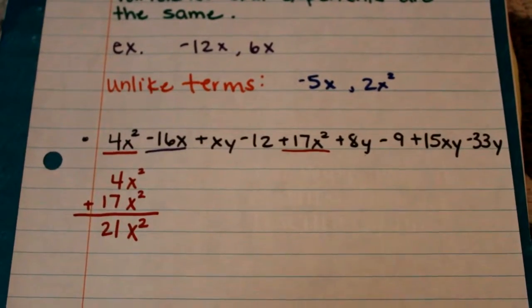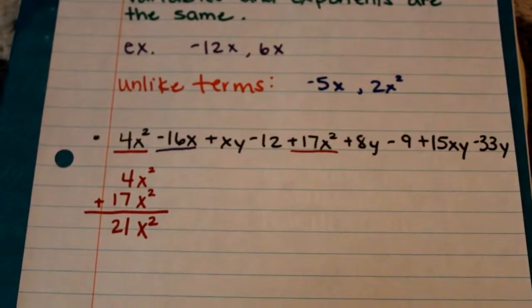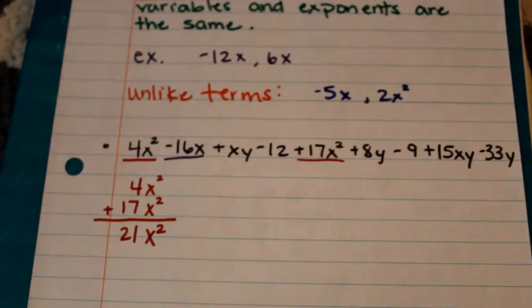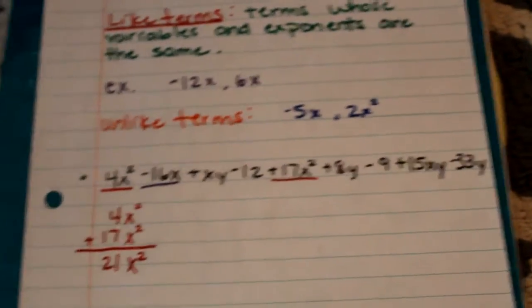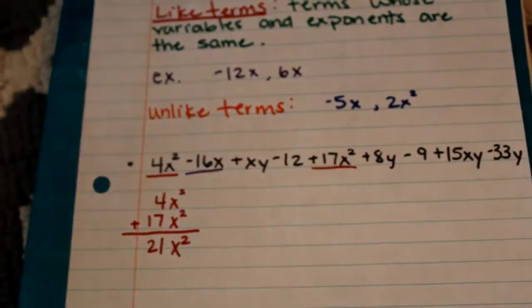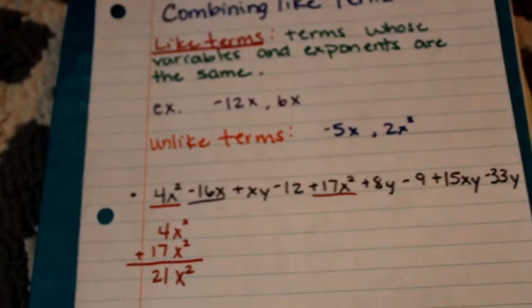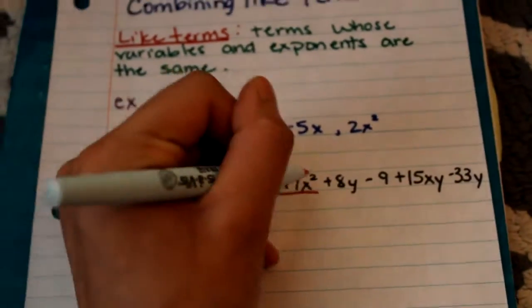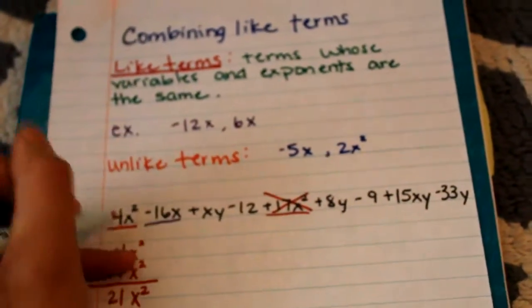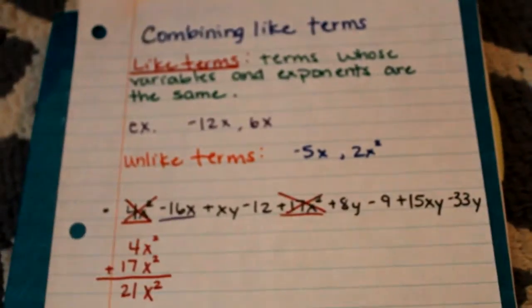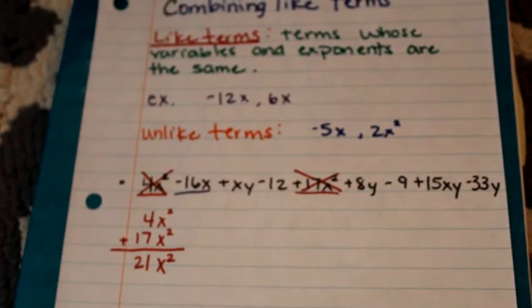That's not a like term. The next term is minus 12. That's not a like term. And we already used the plus 17x squared. So what I'm actually going to do is cross out the ones we've already used so we don't get confused.